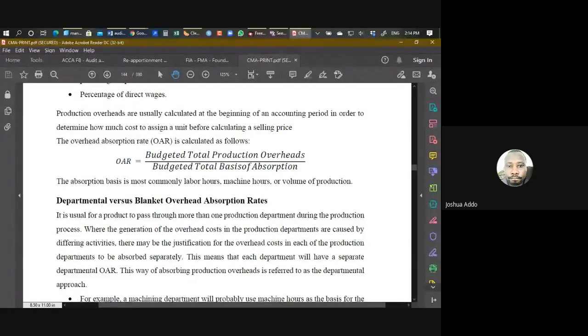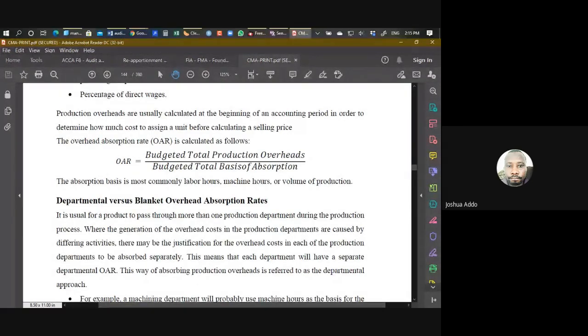Product B, 2,000 labor hours. Product C, 800 labor hours. Total labor hours then will be 1,000 plus 2,000 plus 800, 3,800. So that becomes our total basis, which is the denominator.